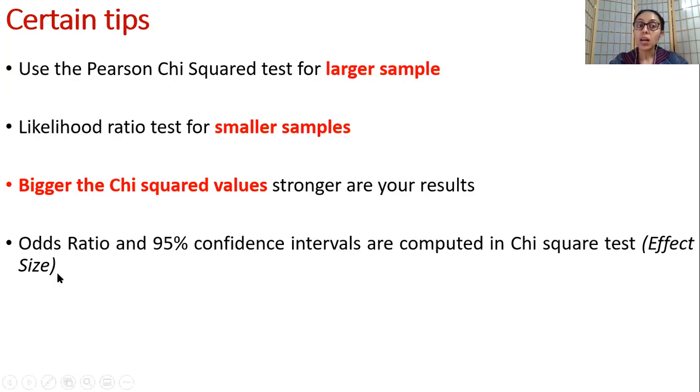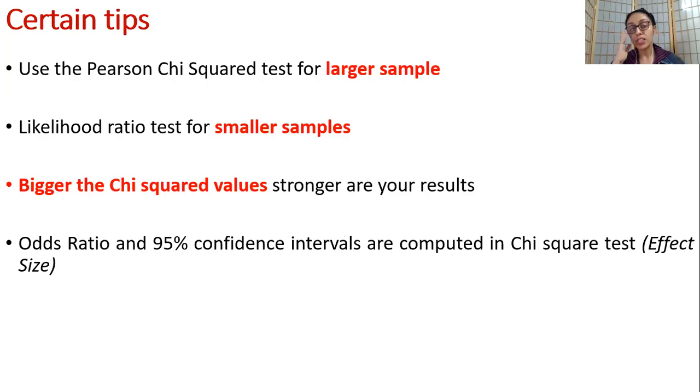You know how r is an indicator of effect size? With the chi-square test, what it generates for you is odds ratios and 95% confidence interval.